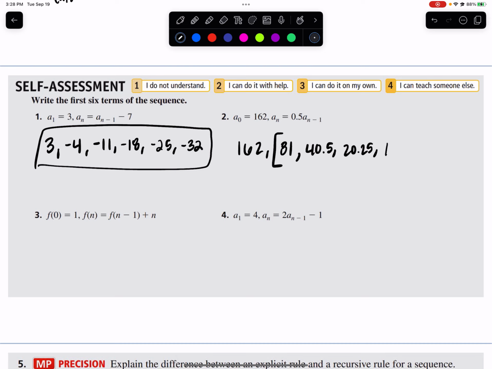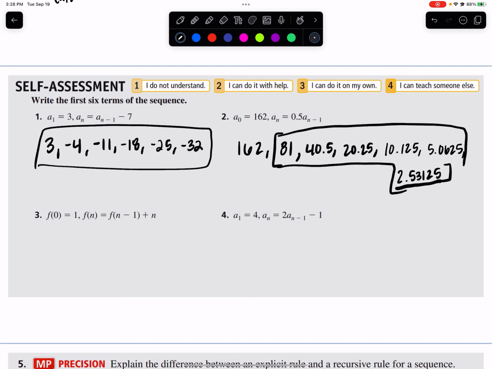Times 0.5 is 10.125. Times 0.5 is 5.0625. And then times 0.5 is 2.53125. That looks a little funky there, but that's your first 6 terms of that sequence.